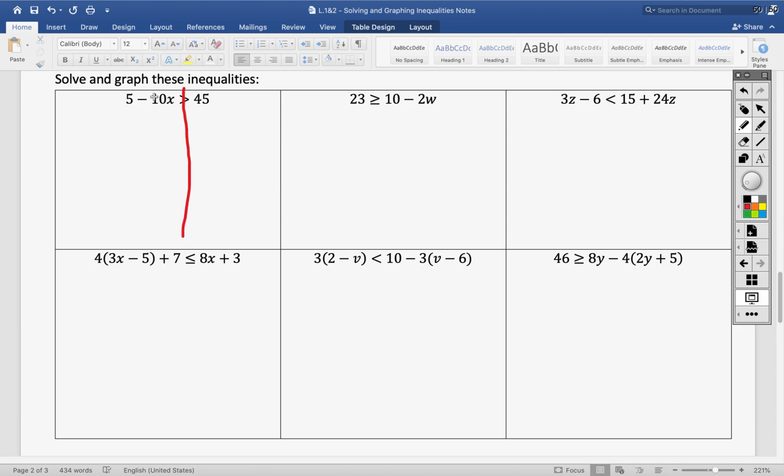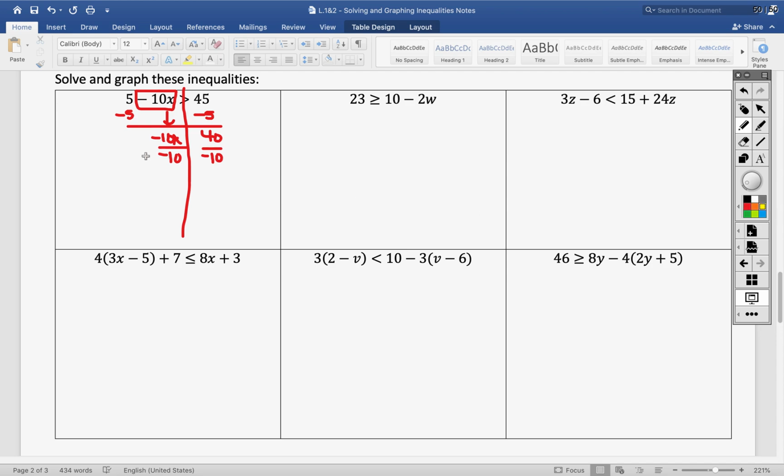Drop your line, box your variable term, opposite operation. Bring down your variable term. Opposite operation. Ding, ding, ding. What's happening?